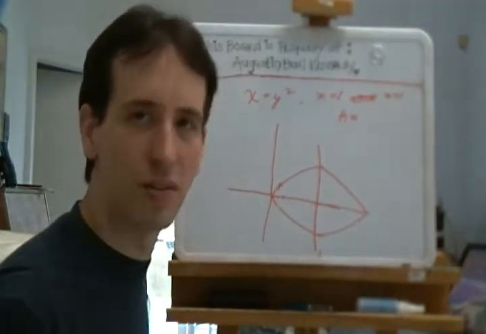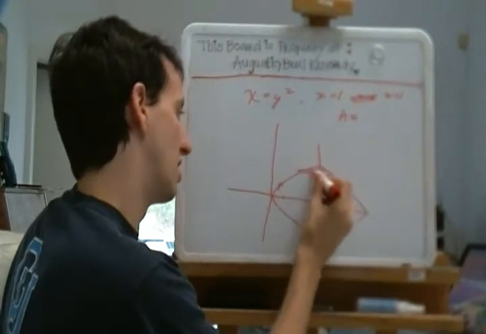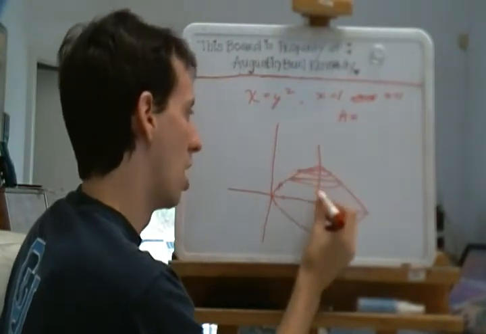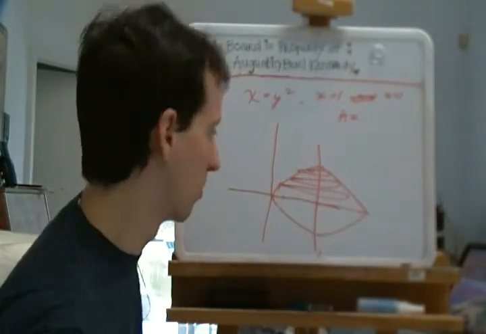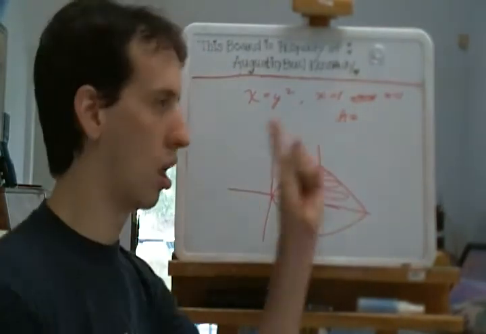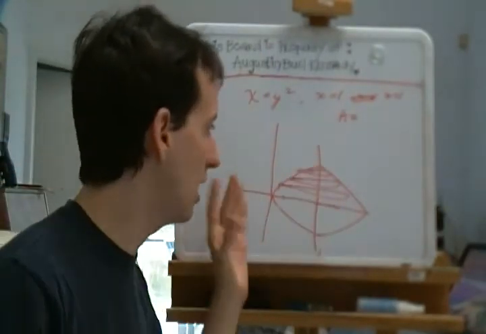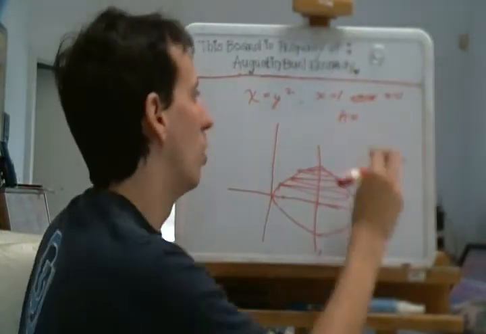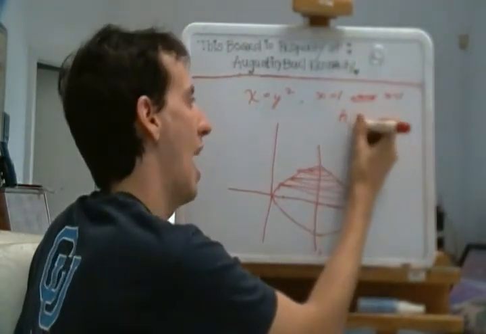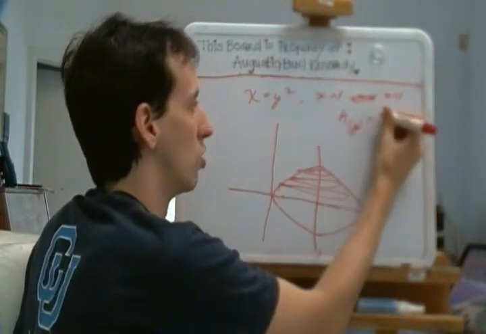That might be a little bit of a challenge. So instead we're going to take these top slices here. And when we take top slices around this, we're going to take something that's basically a dy integral. So instead of taking this with respect to x, we're going to make it with respect to y.